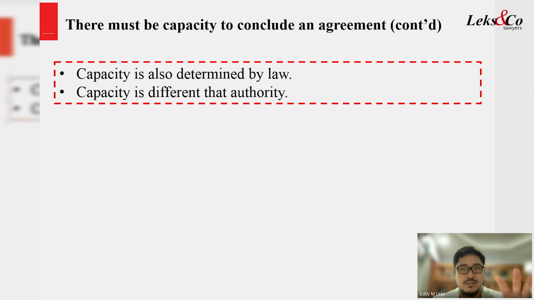So the capacity is different than authority. Yeah. Can we say that the panel of arbitrators is not in their capacity to decide? If capacity is interpreted as authority, yes, we can, yeah. But the capacity in the agreement is different. Yeah. But what is more correct, I think, is that we can say that the arbitrators are not in their authority to decide that, or they are acting outside or beyond what they are authorized to do, right?